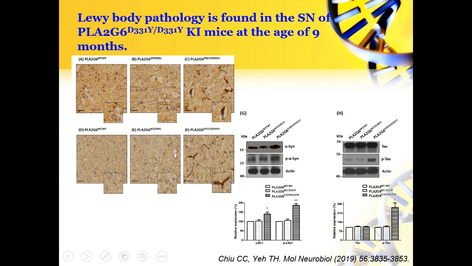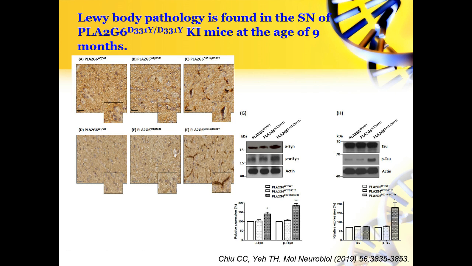The established PLA2G6 knock-in mouse model can replicate the classical Lewy body pathology of Parkinson's disease at the age of 9 months. Lewy body in the substantia nigra of homozygous PLA2G6 D331Y knock-in mice at the age of 9 months was detected by performing immunocytochemical staining of anti-phospho-alpha-synuclein and anti-alpha-synuclein.